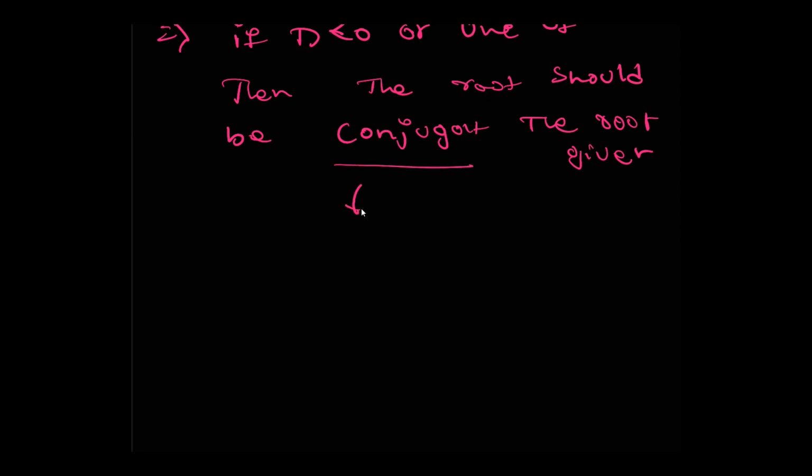Conjugate means, see, if a plus ib is the root, then the conjugate of the root means a minus ib. The imaginary part will be negative, but that's it.